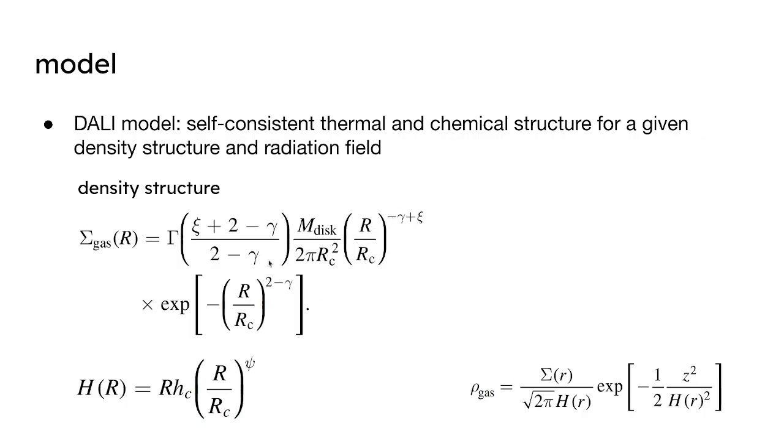And for vertical structure they use a Gaussian prescription. There's the formula, it's just a Gaussian dependence on Z with dispersion in the form of a so-called scale height, and the scale height itself consists of two parameters, hc and psi, that you just set up for a given disk.